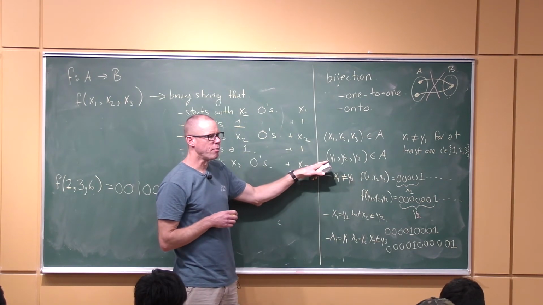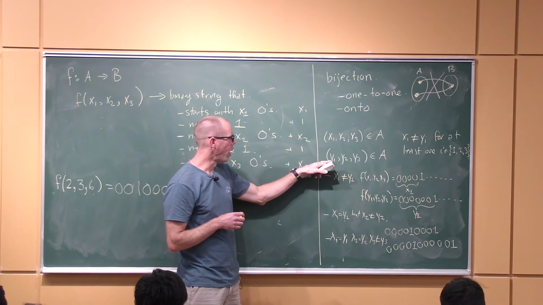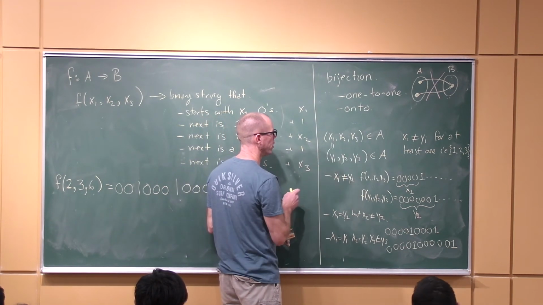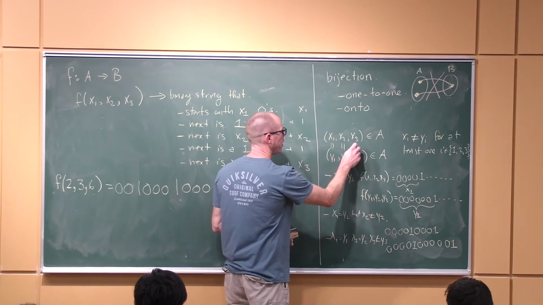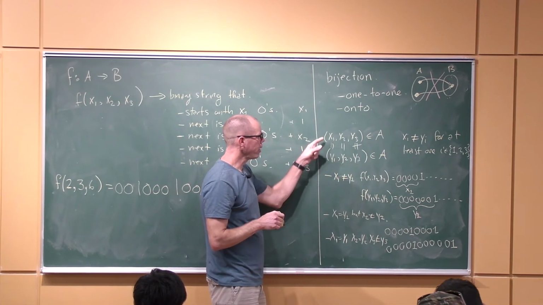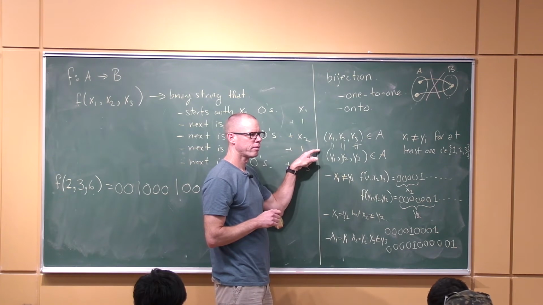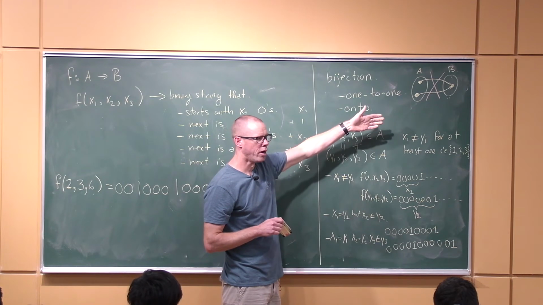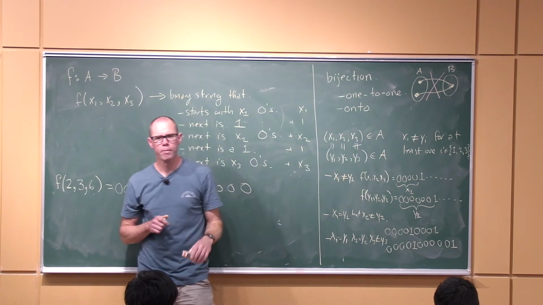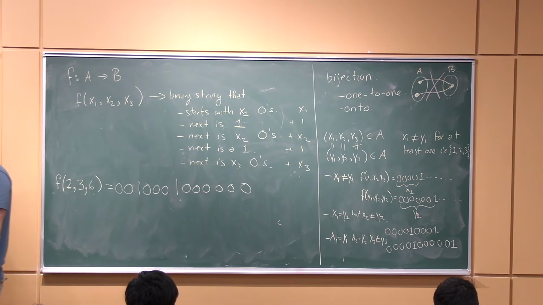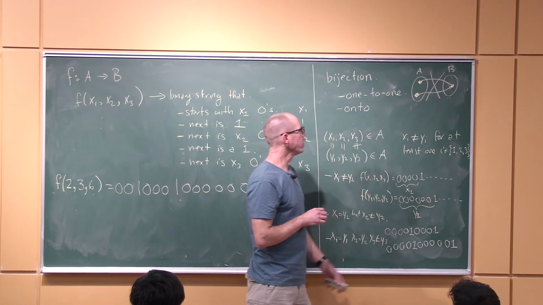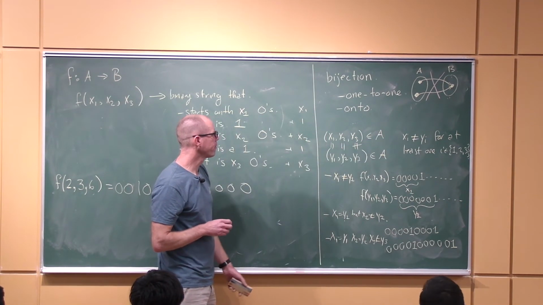This is also supposed to be an element of A, so if I add up y1, y2, y3, I get 11. But if these two are equal, and these two are equal, and these two are not, then they both can't add up to 11, right? When you add up their first two things, you get the same thing, and then you add something different. One of them might add to 11, the other one not. All right. So that establishes that this thing is 1 to 1.